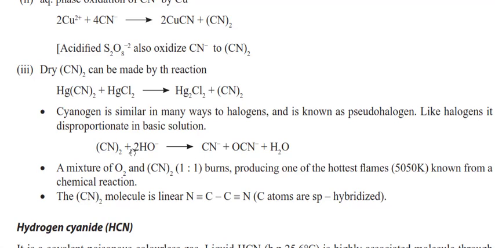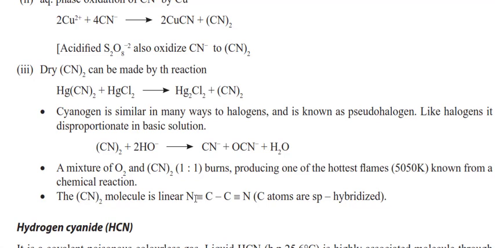Like a halogen, it disproportionates in basic solutions. The mixture of O2 and CN2 burns and produces one of the hottest flames, and this is generally used for welding. This is one of the important things, and the CN2 molecule is linear, similar to acetylene.